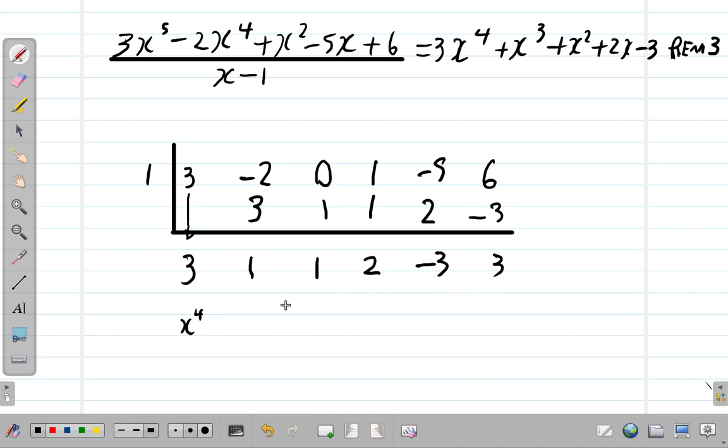That's it. So let me just write down the powers of x. x to the 4th, 3, 2, 1, 0, and this is the remainder.